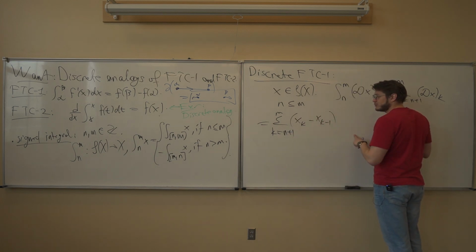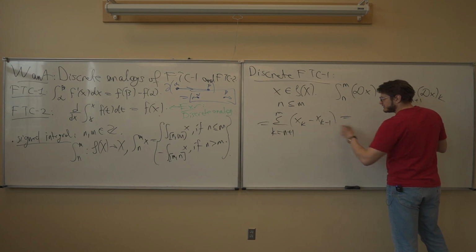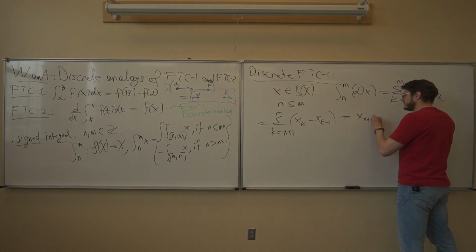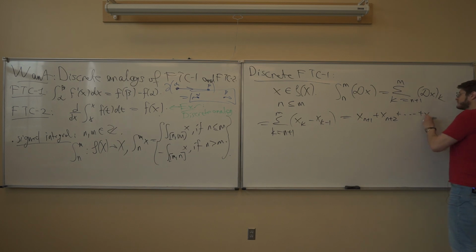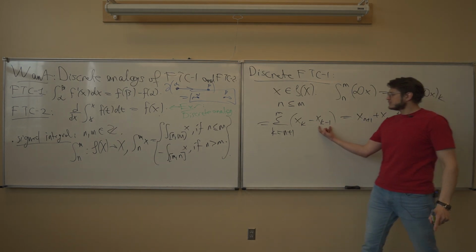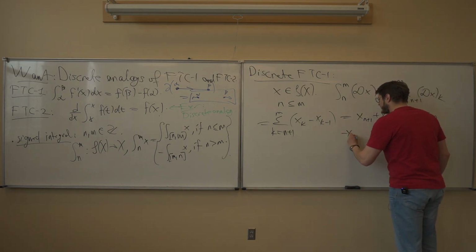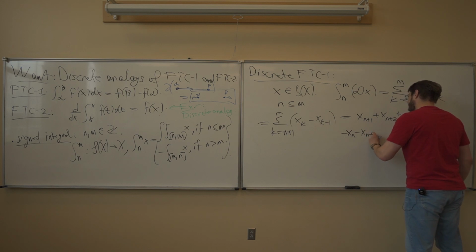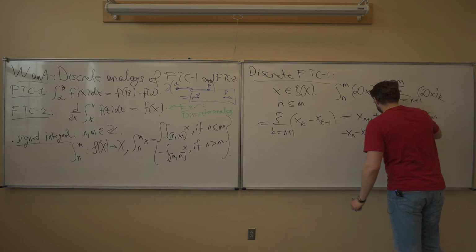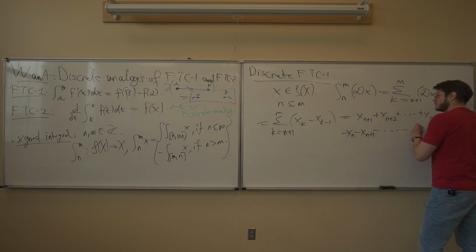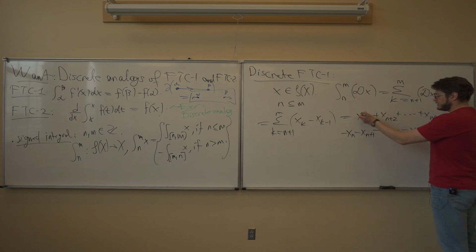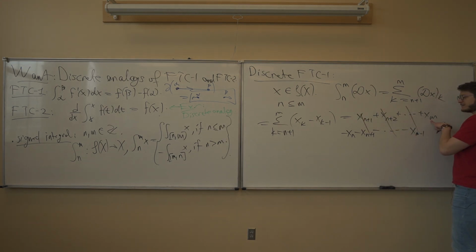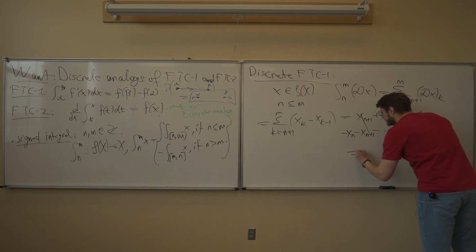But then this is a telescoping sum. Right? So this gives me x sub n plus 1 plus x sub n plus 2 plus dot dot dot plus x sub m, minus, I start at x sub n, with a minus, all the way up to x sub m minus 1. So these cancel, cancel, cancel, x sub m minus x sub n.